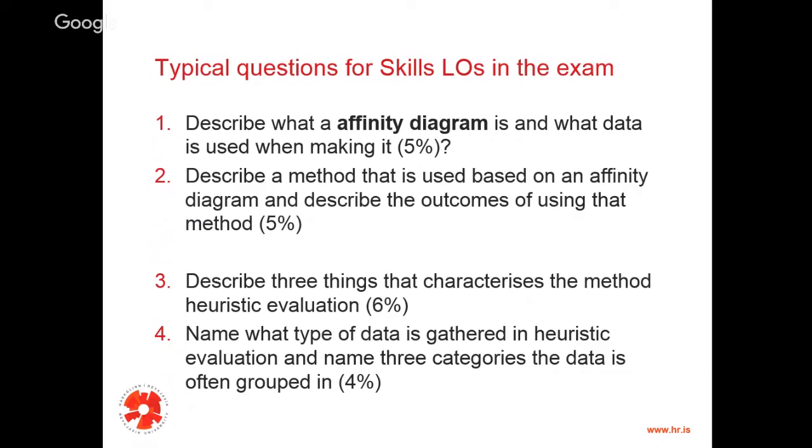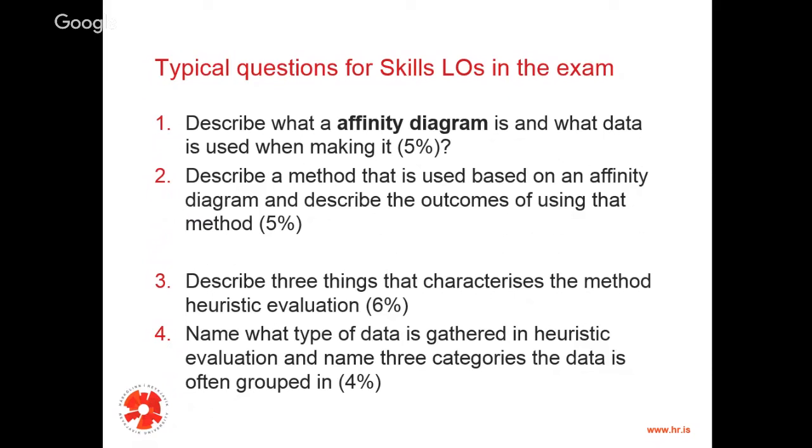Well, you should know what it is. You should be able to describe it. Oh yeah, the data gathered is usability problems. Maybe having a 10% question is too much because you haven't really focused on it.